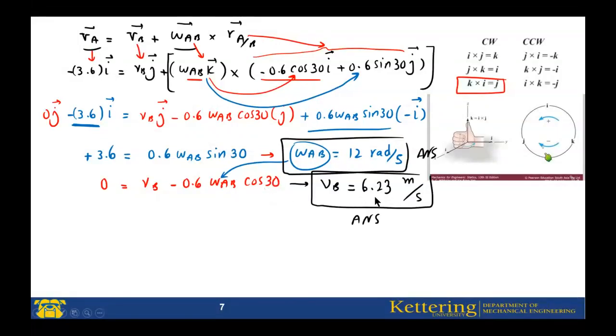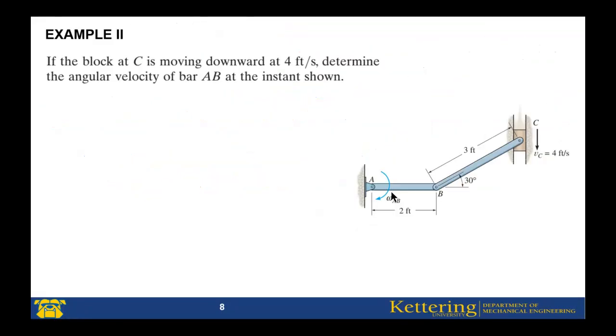The velocity of B is 6.23 meters per second. Any questions? No? Okay. Now, second example.